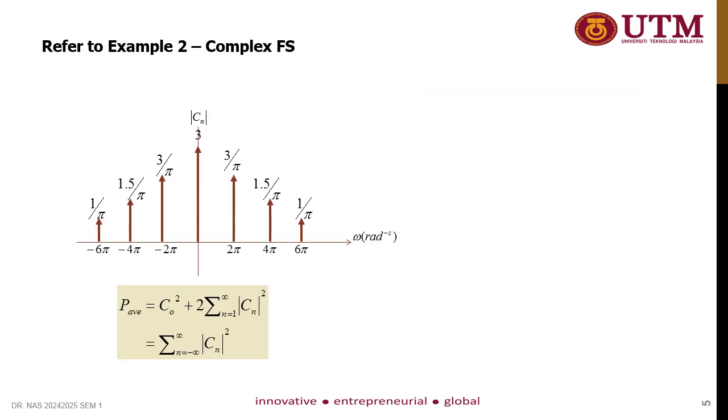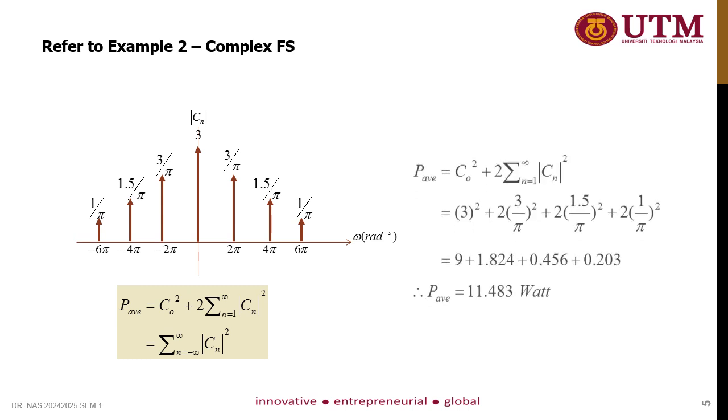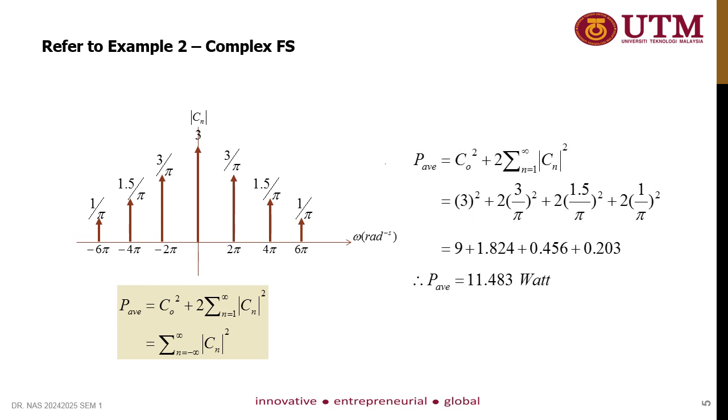In the previous session, example 2, we had the final answer for this spectrum. So how do we calculate the P average? You need to consider the coefficients of each of the pulses, at both positive and negative frequencies. So in this case, P average is equal to C naught squared plus 2 times the sum of Cn squared.